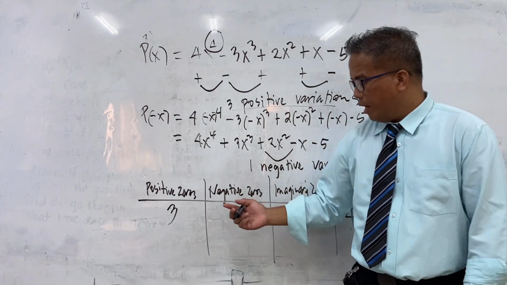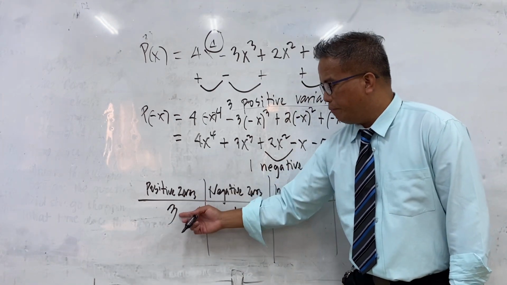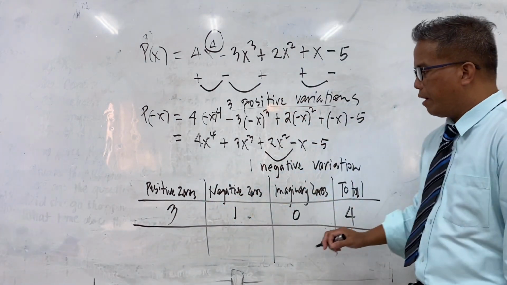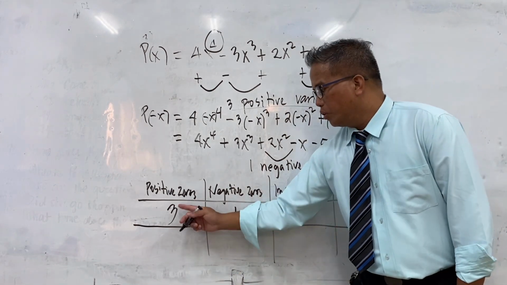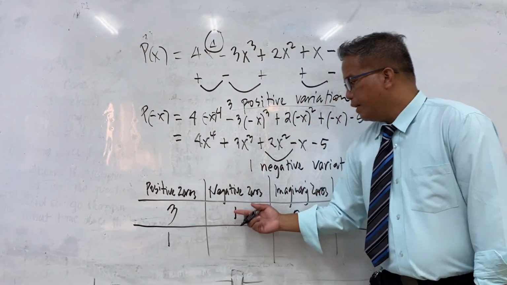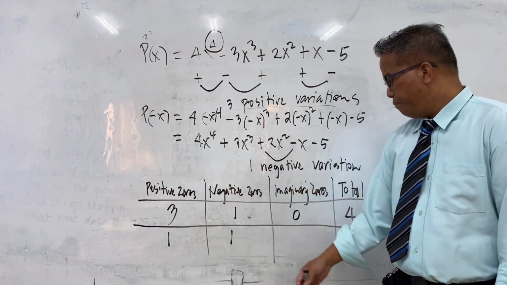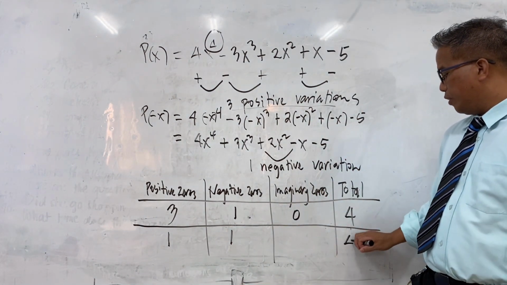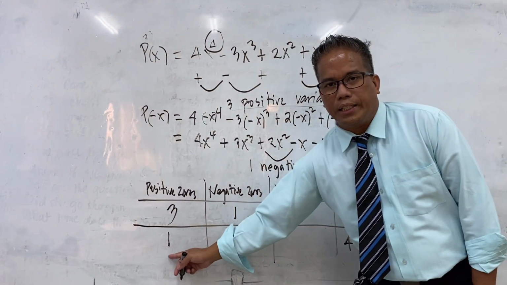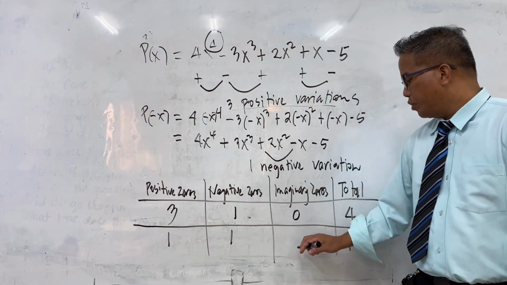Since we have 3 in the positive zeros, it's still reducible by 2, so we can subtract 2. So 3 minus 2 is equal to 1. Then in the negative, just retain the same. The total is 4. 1 plus 1 is equal to 2. Then 4 minus 2 is equal to 2.